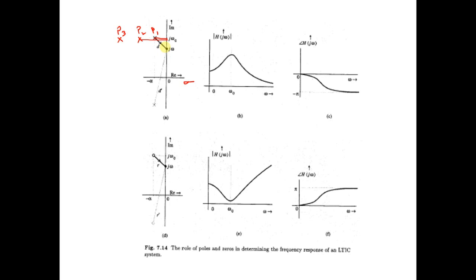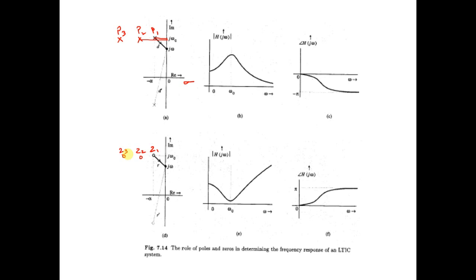The same thing happens, suppose I am having Z1, Z2, Z3. In the case of Z1, R is the shortest. In the case of Z2, R2 will be a bit higher, and in the case of Z3, R3 will be much higher. So as we place a 0 away from the system, what happens?